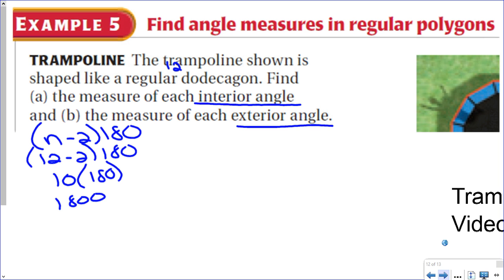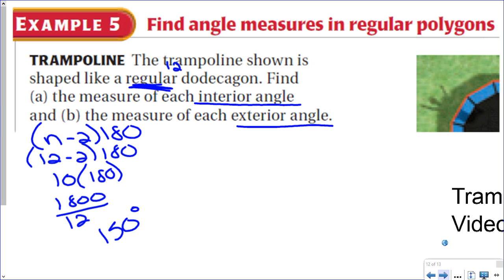Now, that's the sum of the interior angles. That's not the individual interior angle. We know it's regular. That means all the angles are the same. So if all the angles are the same, we divide by 12, and that will tell us what the angle is. So take 1800, divide by 12, and the individual angle would be 150 degrees.